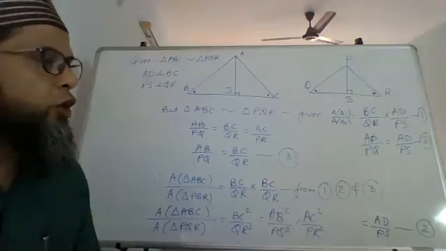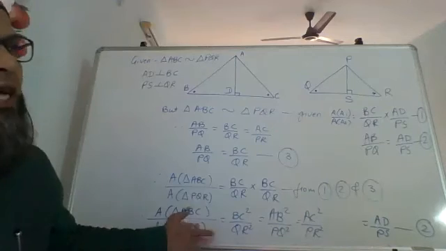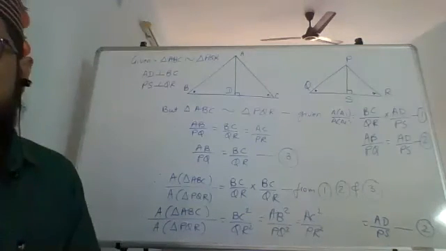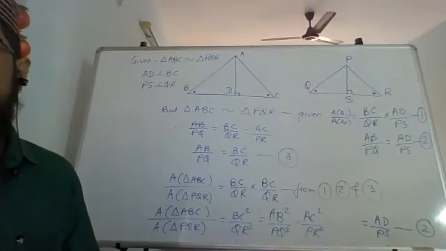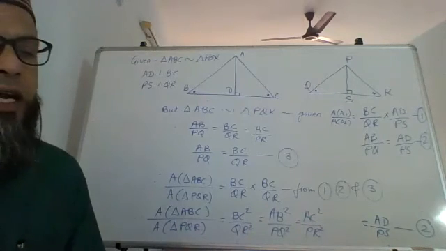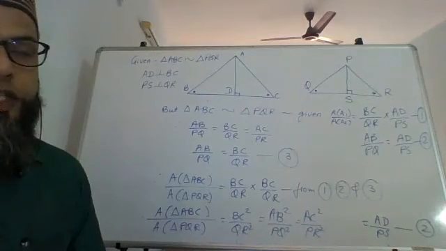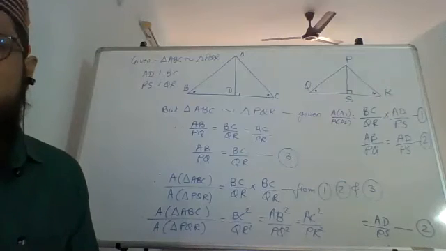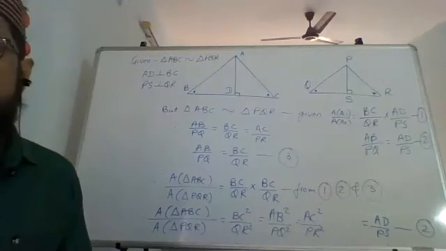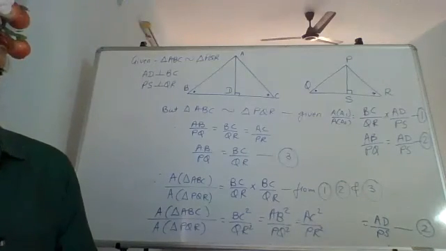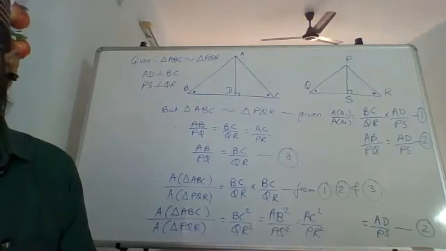Tomorrow just remind me, I'll also show what comes after this. I will not show you, but I'll just tell you right now. The ratio of the areas is also equal to the ratio of the squares of their medians, or the squares of their perpendiculars, or the ratio of their perimeters.